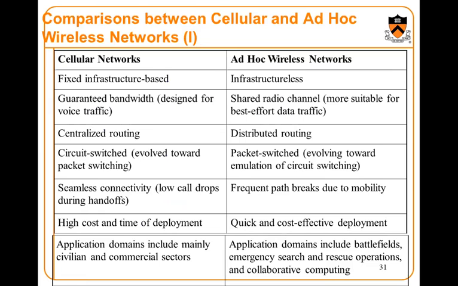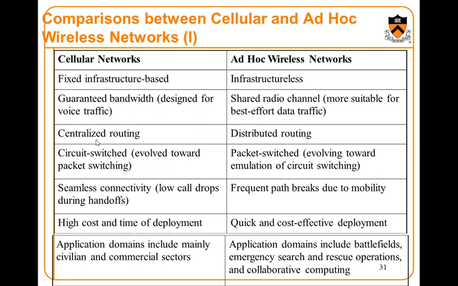Here we can see a comparison between the cellular network and the ad hoc wireless network. You can see that the cellular network is very expensive as compared to the ad hoc wireless network. We have fixed infrastructure in the cellular network, while ad hoc is infrastructureless and you can easily deploy it. There is guaranteed bandwidth in a cellular network, while an ad hoc network works on a shared radio channel, or you can say on best-effort delivery.